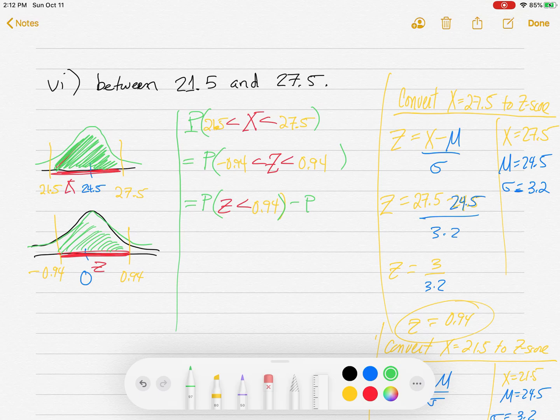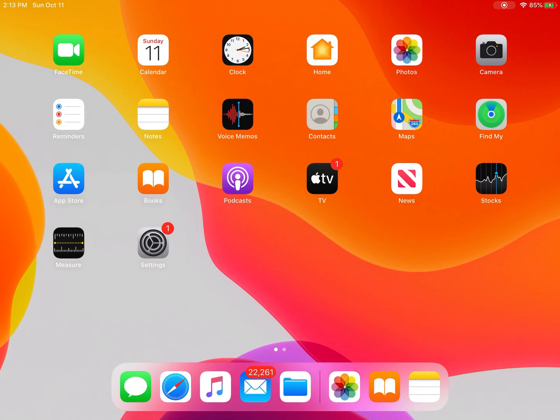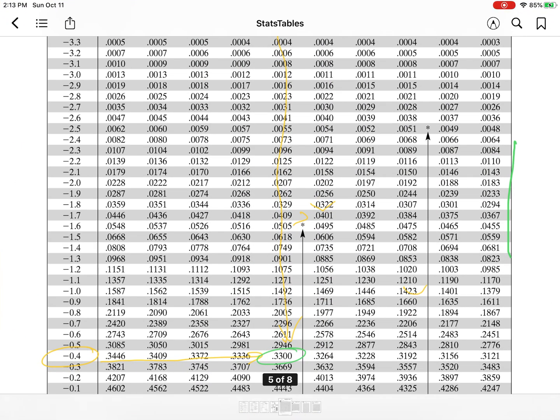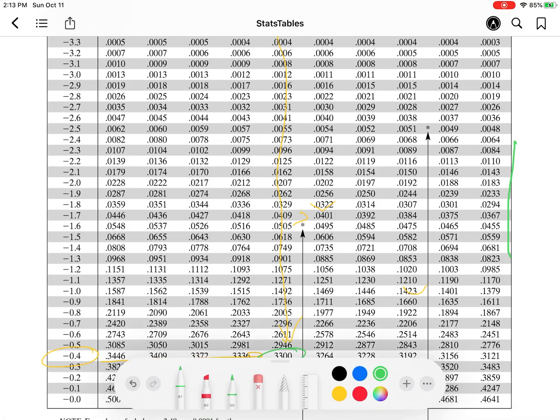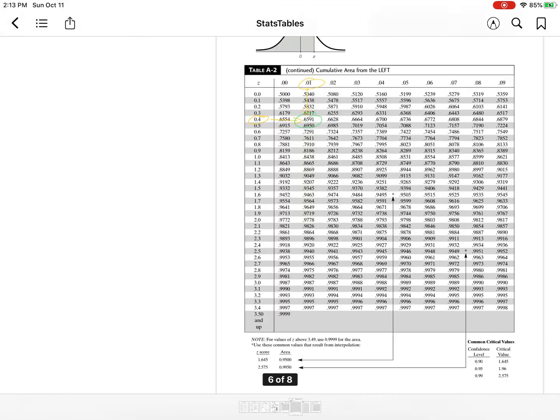In other words, using our formula, the probability of getting a random z-score less than 0.94 minus the probability of getting a z-score less than negative 0.94. So we look up 0.94 in our positive table, and then we'll look up negative 0.94 in our table. Subtract.